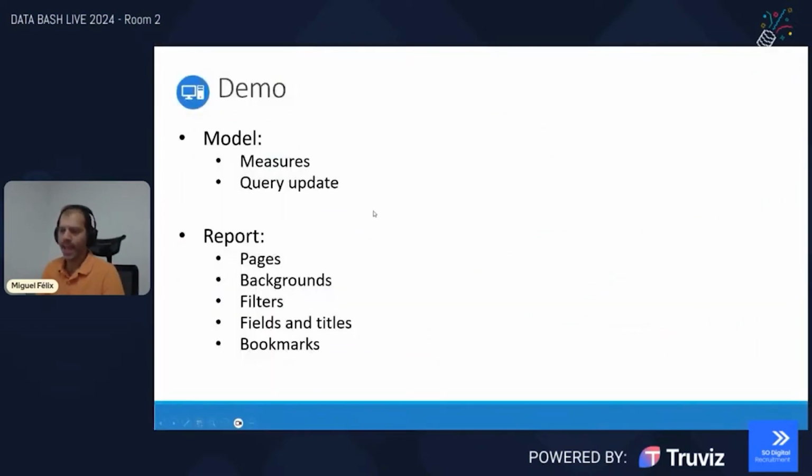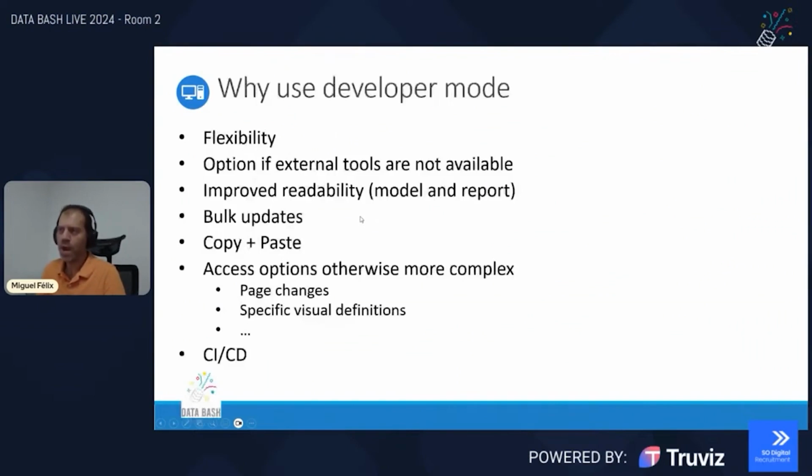So as you can see, we went through most of this. So why use developer mode? The flexibility, the options. If you don't have external tools available, you can use Notepad. Every computer has Notepad, so it's possible to use it. To do the copy paste between folders, you just need to use the Explorer. Improve readability.